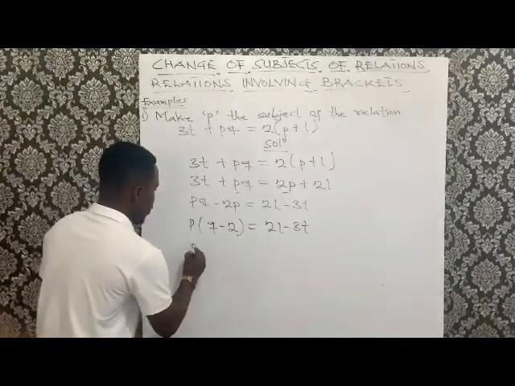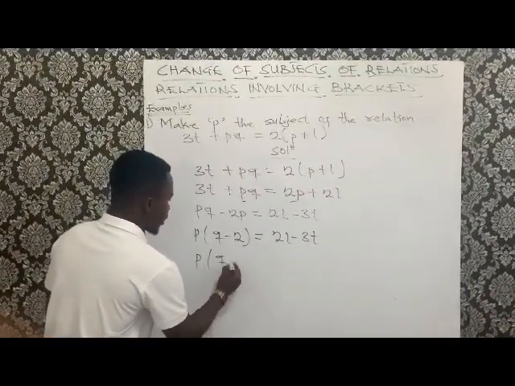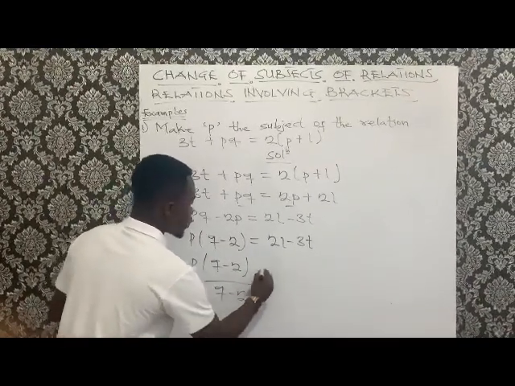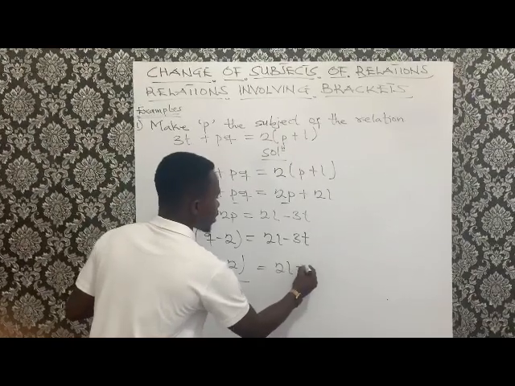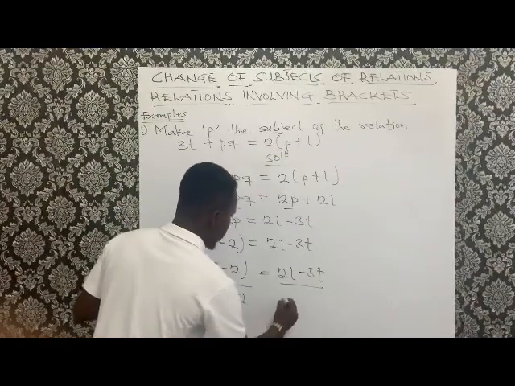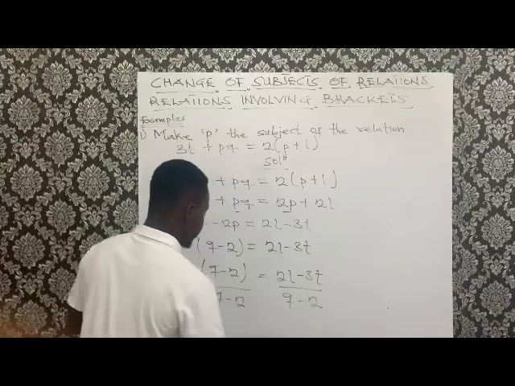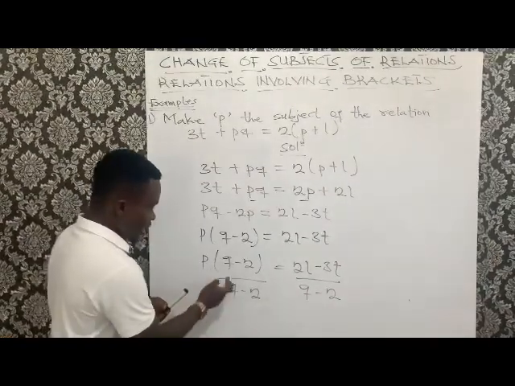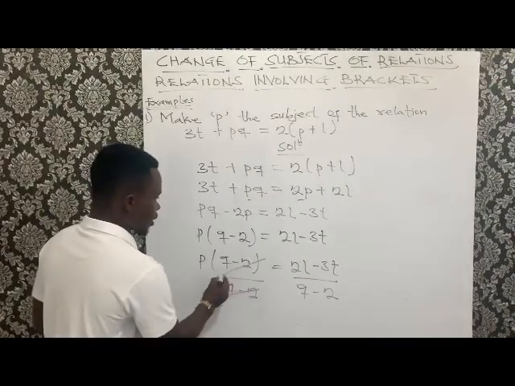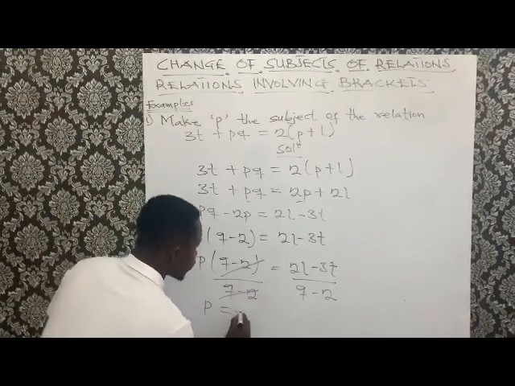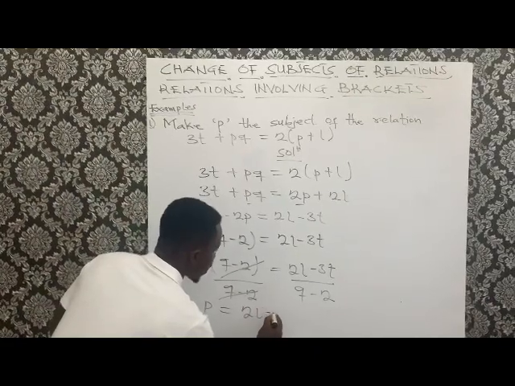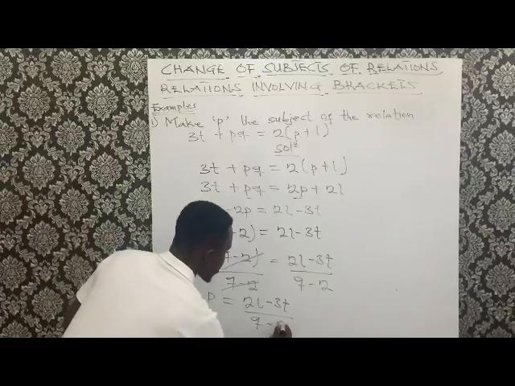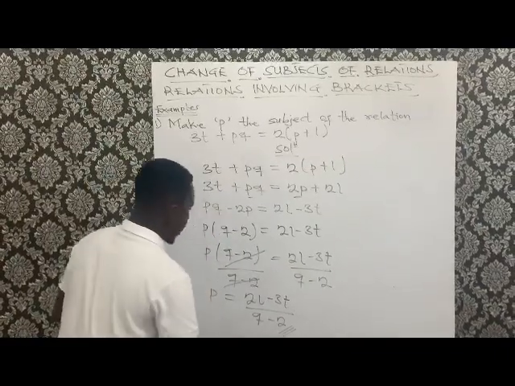So p bracket open q minus 2 bracket close, all divided by q minus 2, equals 2l minus 3t, all divided by q minus 2. As you can see, this and this are the same, so this one cancels this one. Therefore p equals 2l minus 3t, all divided by q minus 2. This becomes our final answer.